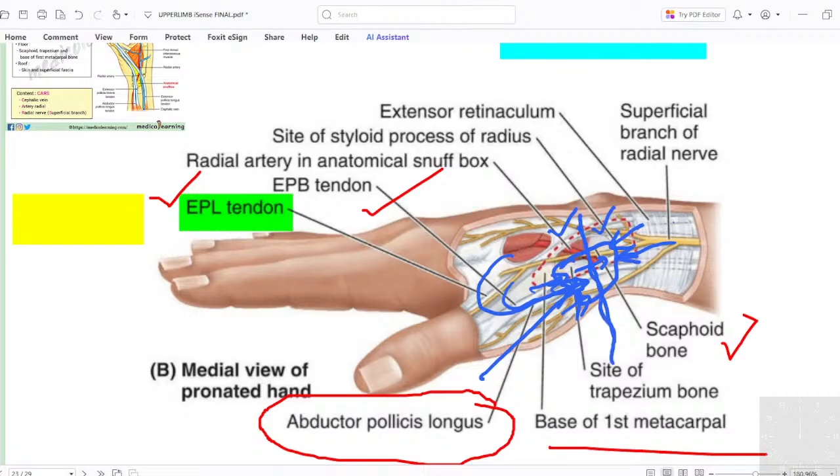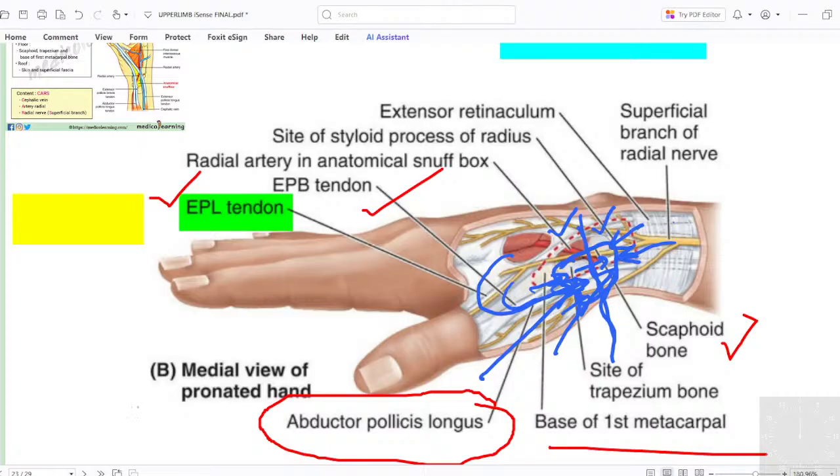If there is a scaphoid fracture, which part of the bone will undergo avascular necrosis, proximal or distal? Proximal, because proximal is getting supply from the distal. The distal part has the blood supply because blood supply is entering from the distal part.